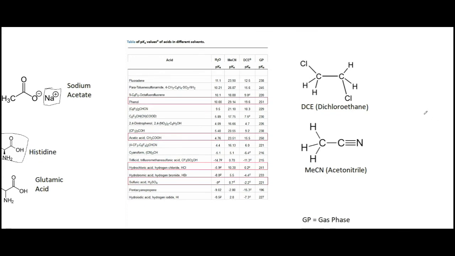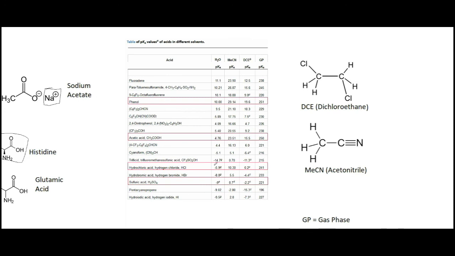And so I have here the pKa's of different acids in different solvents. Here we have it in water. We can see phenol, which once again is about a pKa of 10, which we saw before with the tyrosine. Acetic acid is about 4.76 in water.